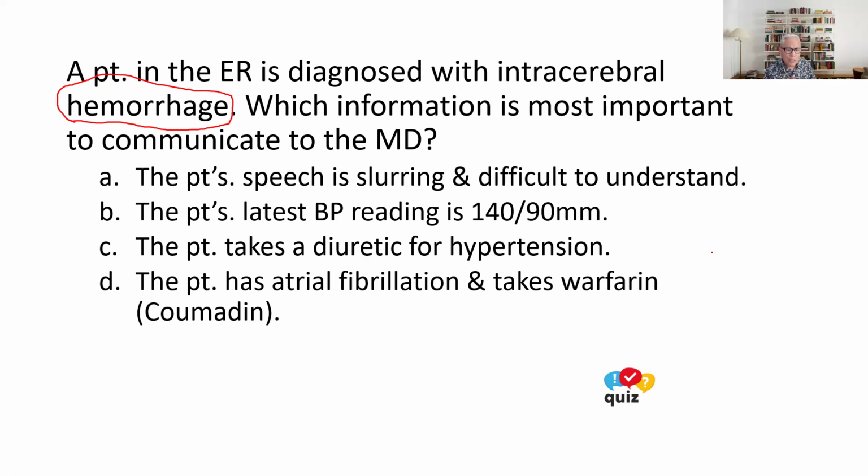Now, the patient has a hemorrhagic stroke, and therefore this is going to be the most likely situation that we need to reverse right away with vitamin K in order to prevent further bleeding. So the correct answer here is letter D, all right? Because the patient is taking warfarin.